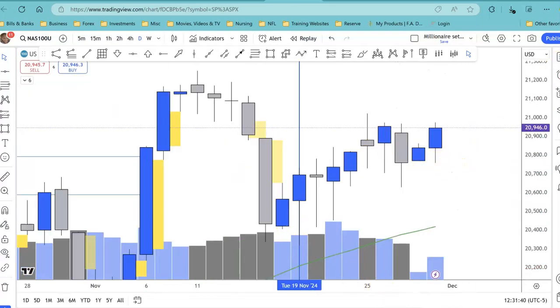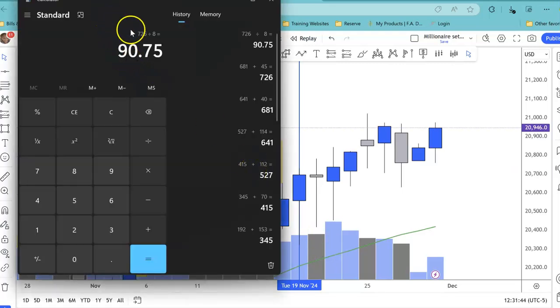Now that we have a total pip for the last 8 days on NAS, what we're going to do is take our calculator and take the average of all these pips. So on day 1 it was 364 plus 380 plus 180 plus 288 plus 258 plus 330.